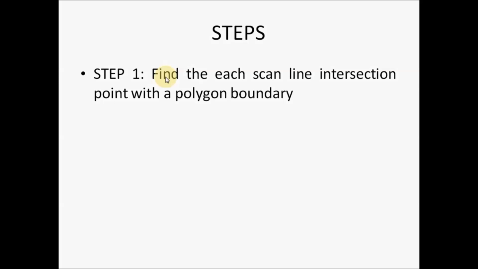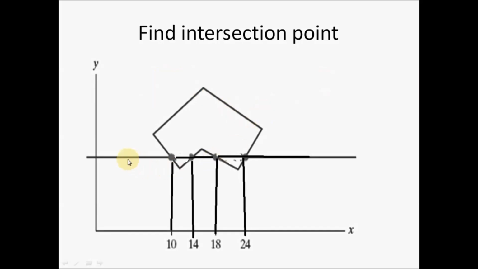You can see here, this polygon boundary, that means the polygon edges, is intersecting with the scan line, right? I have to find the intersection points where my polygon edges intersect the scan line.